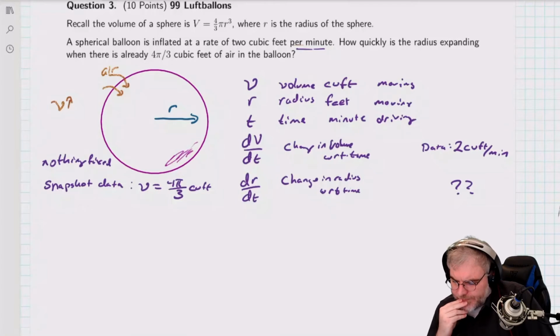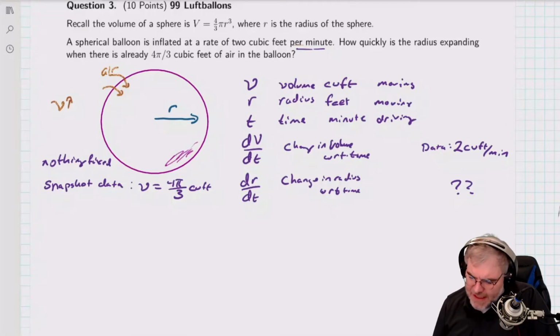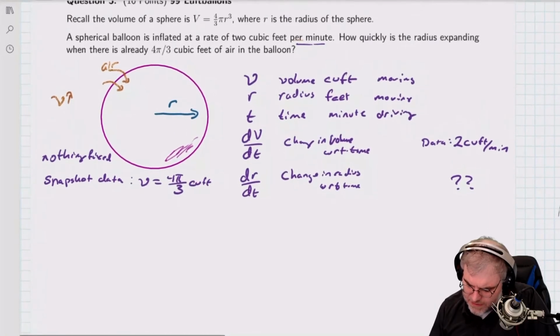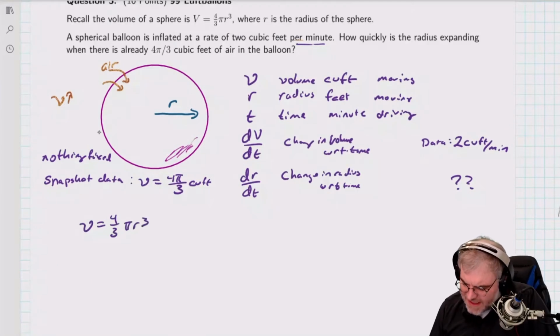Okay. I've got this relationship here: V equals 4/3 pi r cubed. I don't have any fixed data, so do not sub in.